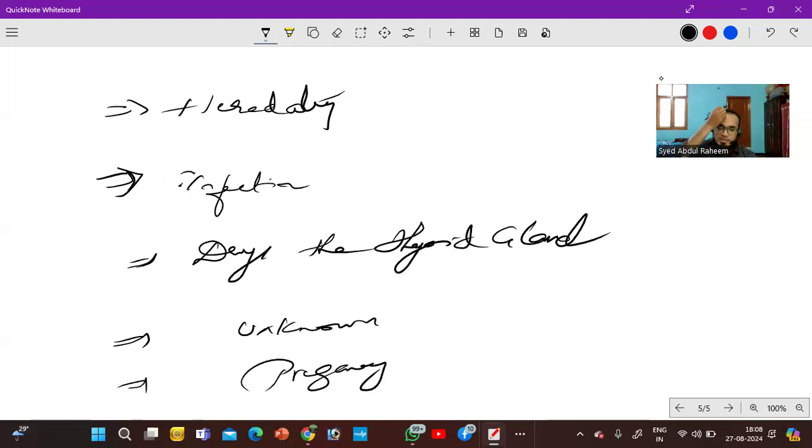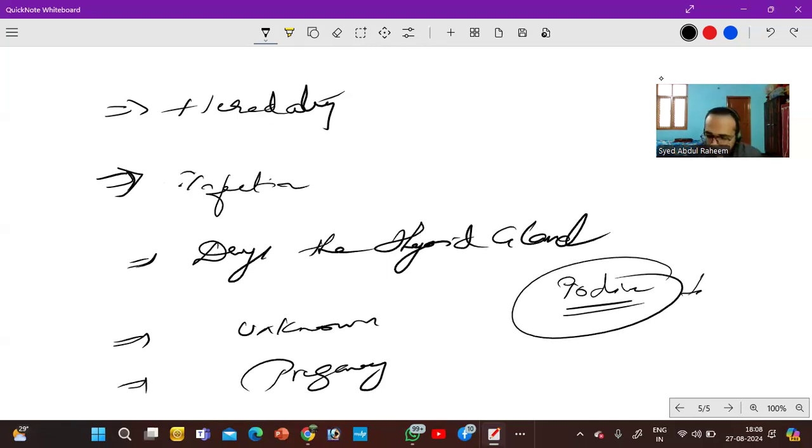In pregnancy, if you don't take a proper amount of diet or iodine, it leads to hypothyroidism. So these are the reasons behind the causes of hypothyroidism.